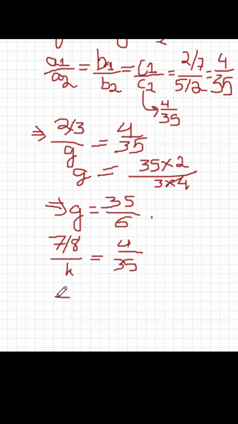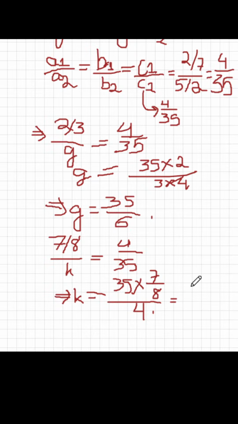So that will be k is equal to 35 into 7 by 8 divided by 4 is equal to this 8 you can bring down, so it will be 35 into 7 by 4 into 8.